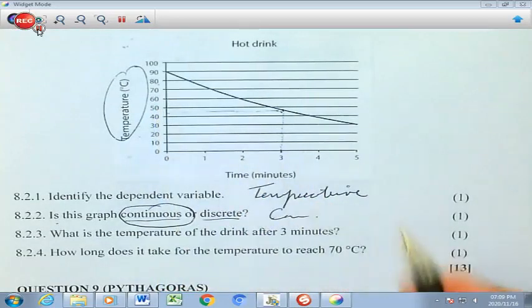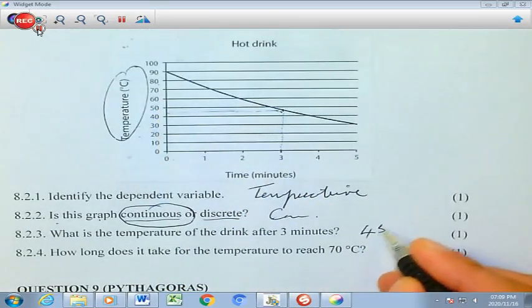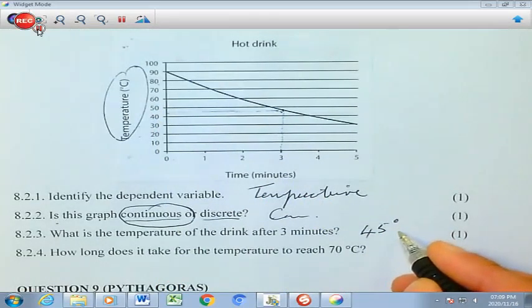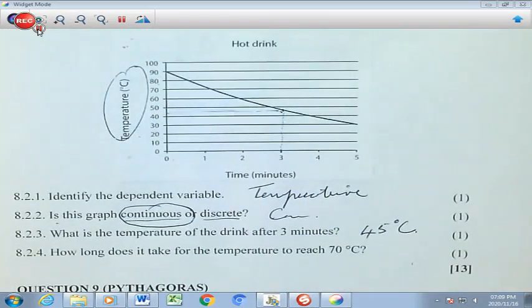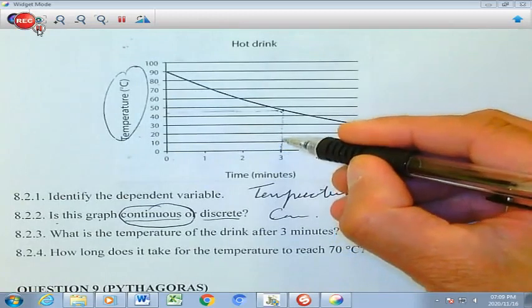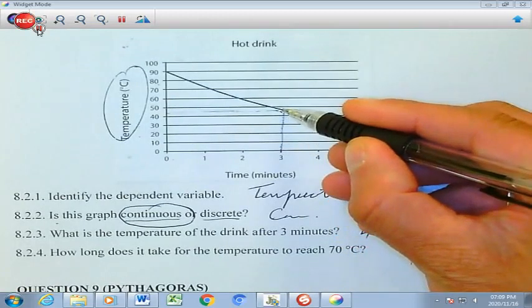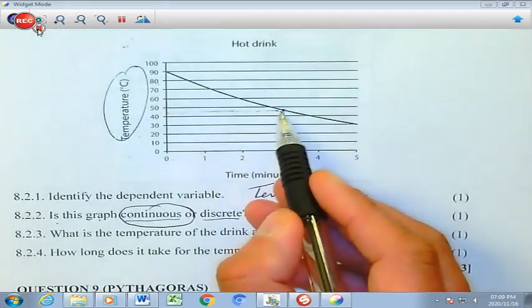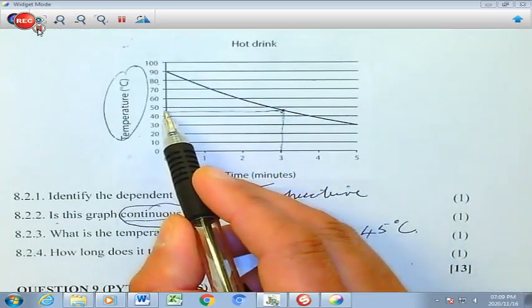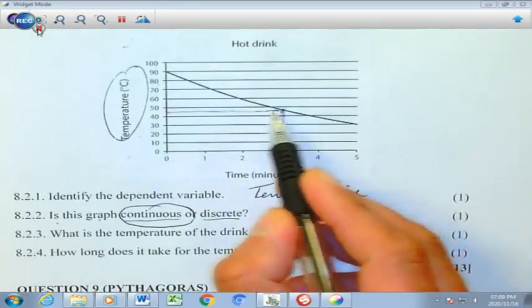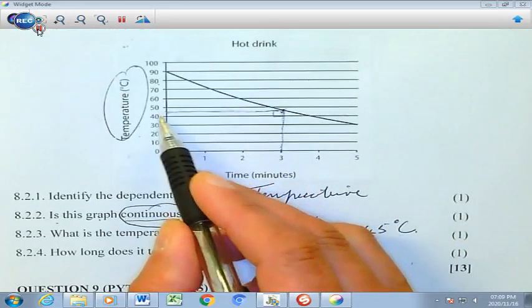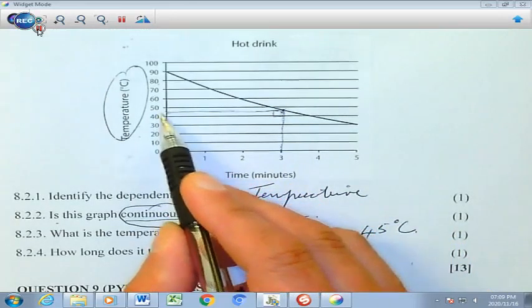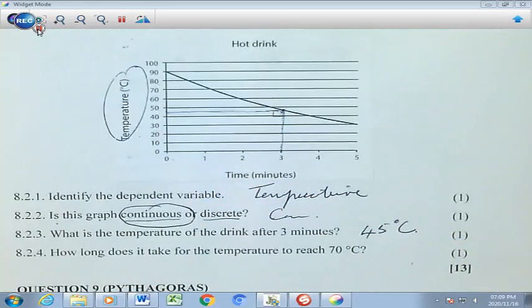I'm going to say that temperature would be 45 degrees Celsius. Okay? So I must take my ruler and just bring that up till there and bring that across, so you're going to work at a 90-degree angle. That would be between 50 and 40, and that would be for me in the middle. 45 degrees Celsius is the temperature.